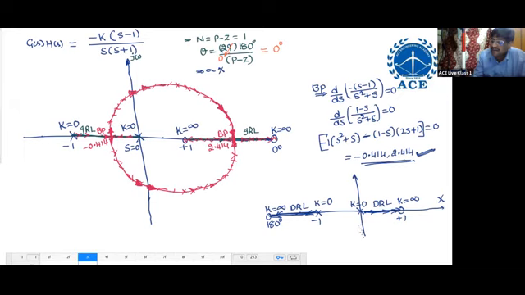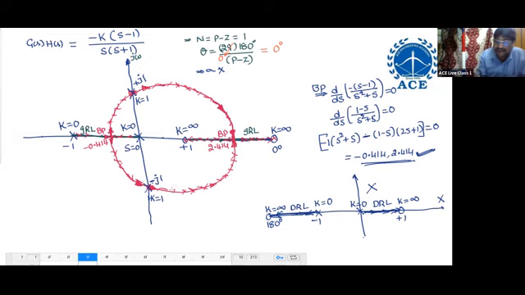Here no pole comes to the imaginary axis. That means this diagram, the direct root locus, is wrong. Now here poles are coming to the imaginary axis. The intersection point is at k equal to 1, plus or minus j1, no doubt.